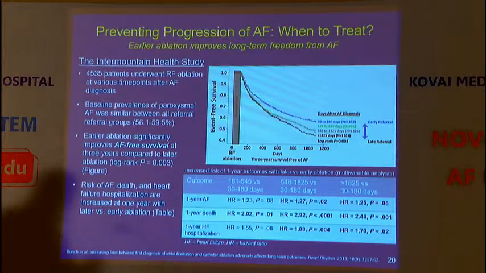If you look at this study, you can clearly see the moment you are in the early part of atrial fibrillation, your results are always better. All your endpoints are much better when you look at early versus late. All the patients who have been treated earlier tend to do better. You postpone your ablation later and later, your outcomes are not good.